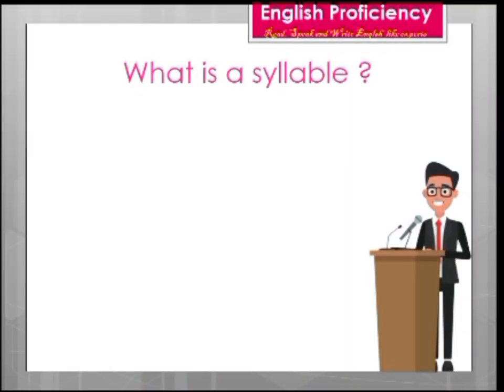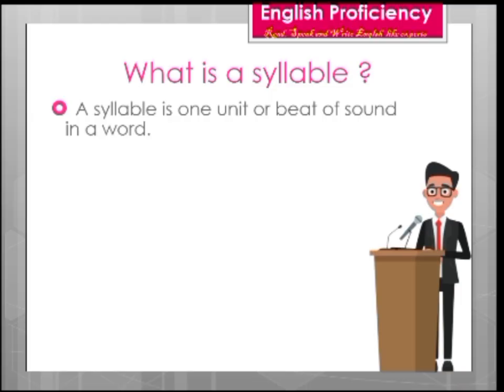Alright, so now after saying this, what then is a syllable? A syllable is one unit of a sound or one bit of sound. A syllable is that sound that you can pronounce in one pulse, in one breath. For example, if I want to call my name, I will say God-will.